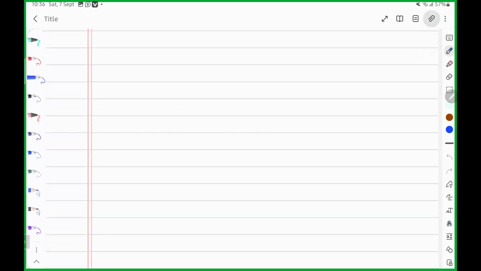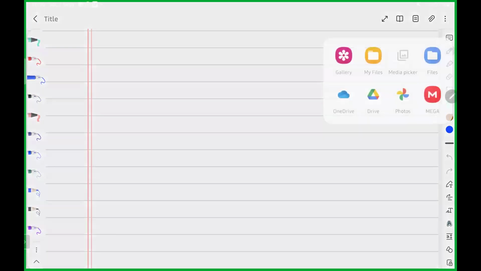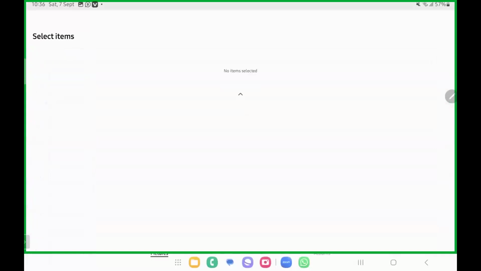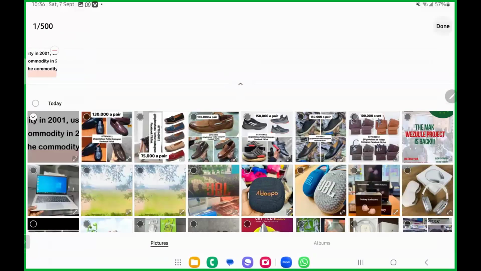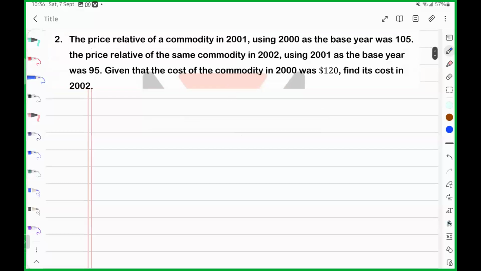Maybe I can have it put here. Yeah, so it reads: the price relative of a commodity in 2001 using 2000 as the base year was 105.